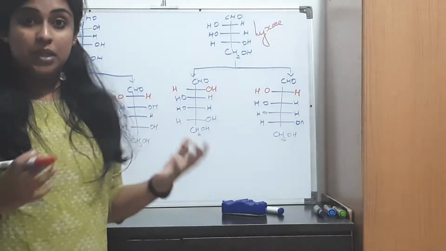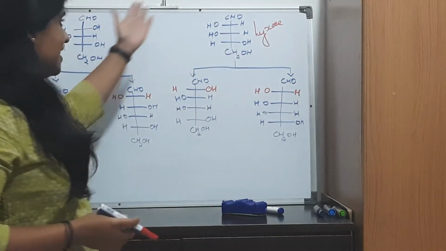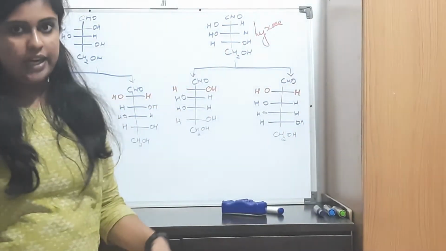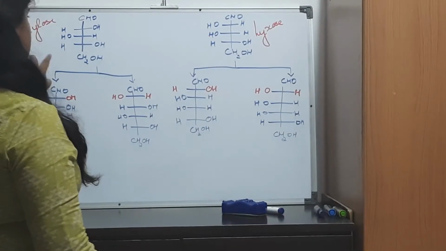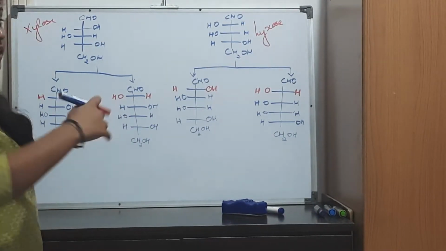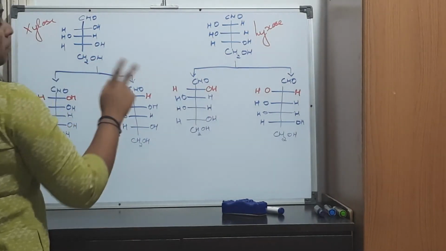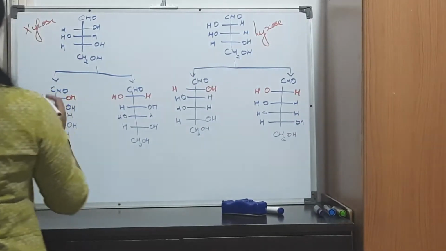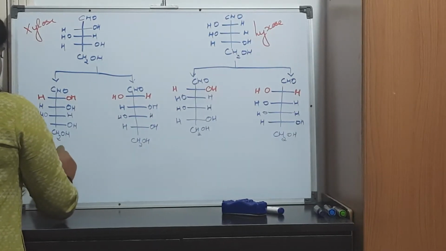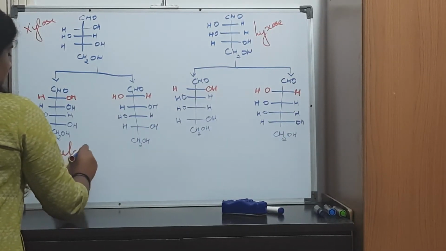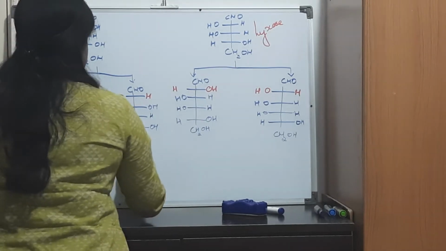Similarly, we had xylose and lyxose that came from the threose side, right? So xylose can be split into two; when it goes to aldohexose, the extra carbon atom would give rise to two possibilities. Xylose would give rise to gulose and idose.